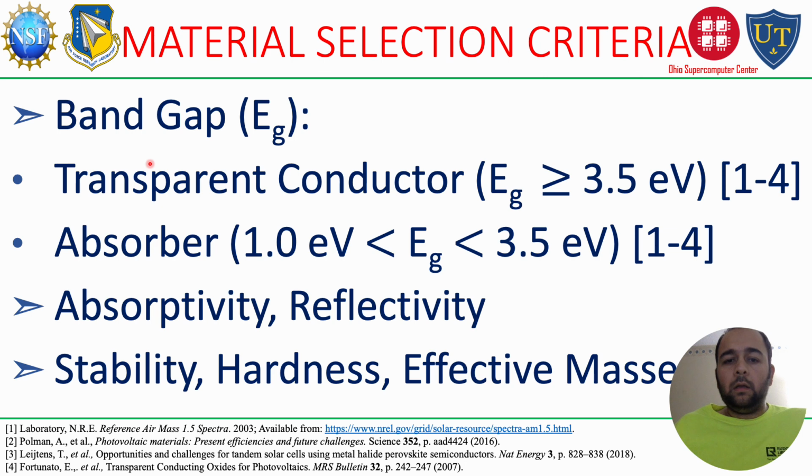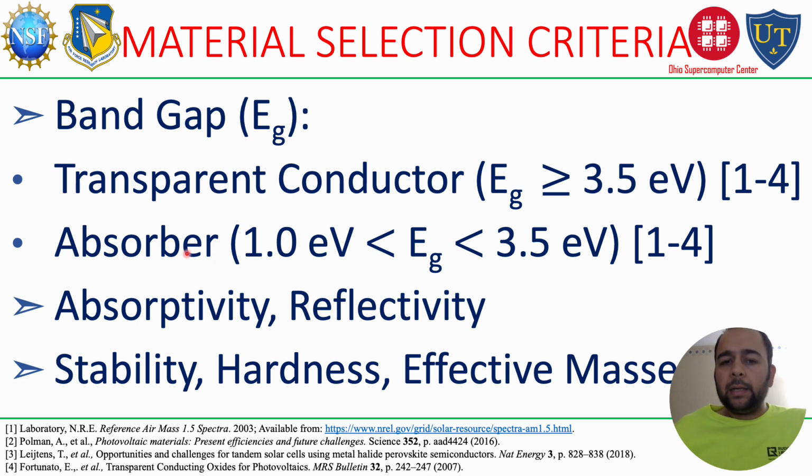If a material's band gap is more than 3.5 electron volts, it can be used as a transparent conductor, whereas if the band gap is between 1 and 3.5, it can be used as an absorber layer. Specifically, if the band gap is between 1 and 1.5, it is used as a single junction solar cell, whereas if the band gap is more than 1.5 up to 3.5, those materials can be used as multi-junction solar cells in tandem devices.